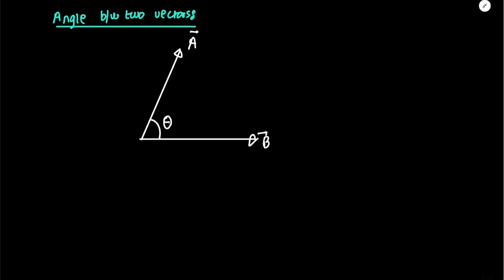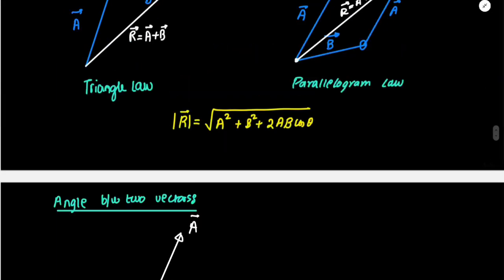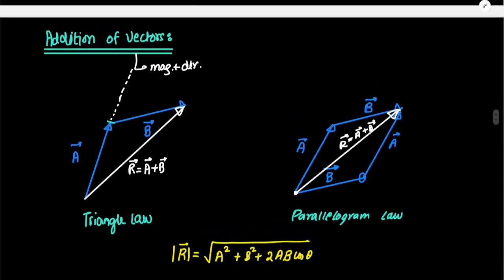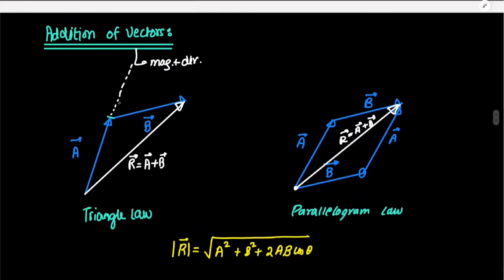This is the angle theta between the two vectors a and b. So in this context, this cannot be the angle between the two vectors. You have got to extend a. If not extend the whole of a, then at least you have to draw a dotted line along a, and then this angle will represent the angle between a and b.